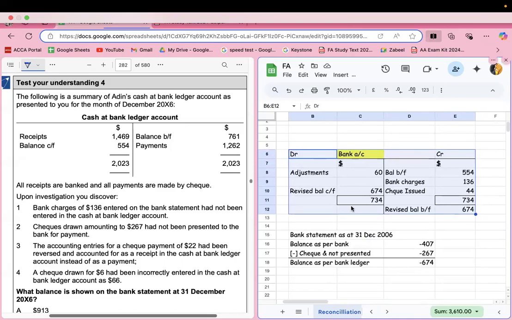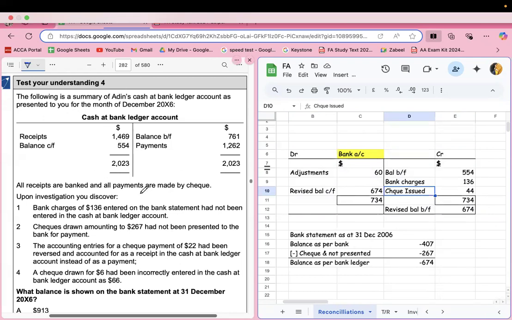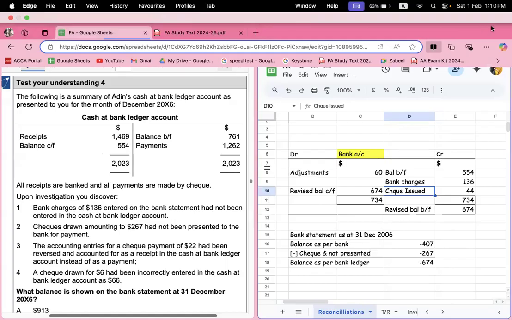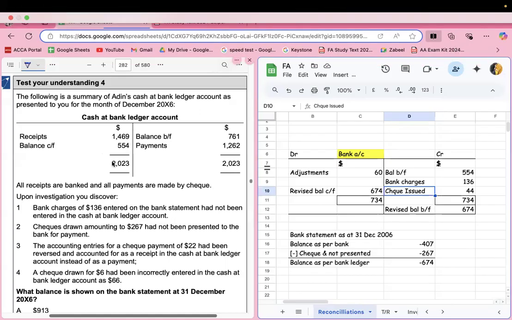The first way we are going to do it is by ledger. So this is the balance that has been given to you, and we clearly know this is the wrong balance, and the details are given below. All receipts are banked and all payments are made by check.